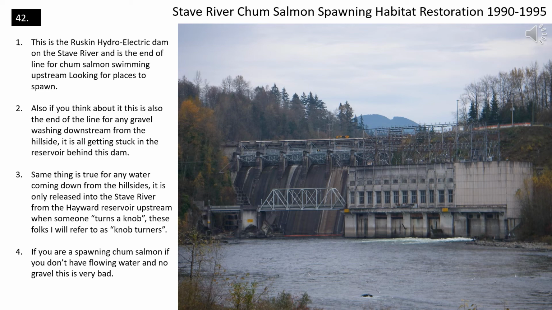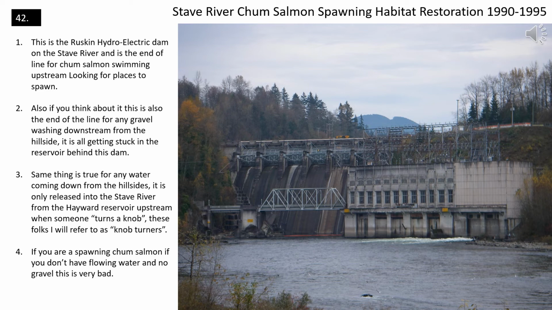In the Stave, that might be 6 inches to a foot in some places. That's too big for a chum salmon to spawn. So it's quite common in hydro dam rivers to find the river quite coarse and not useful for spawning below the dam. Now this may have occurred over decades. This dam was built in 1930, just for example.